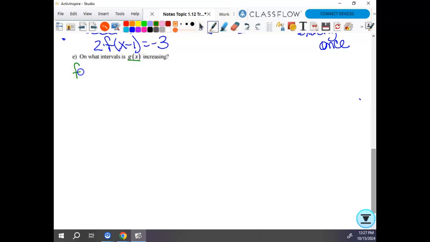So I can say f is increasing on, all right, where does it start increasing? Negative 4, good. To what? Negative 1, good. And then from 1 to 4. Okay. So that's where f is increasing.